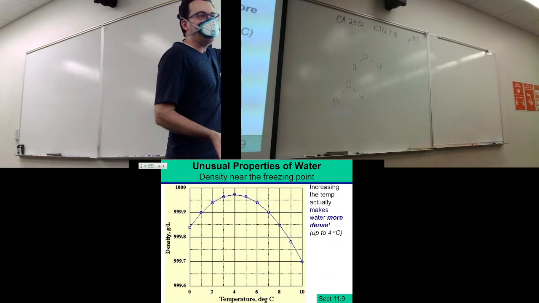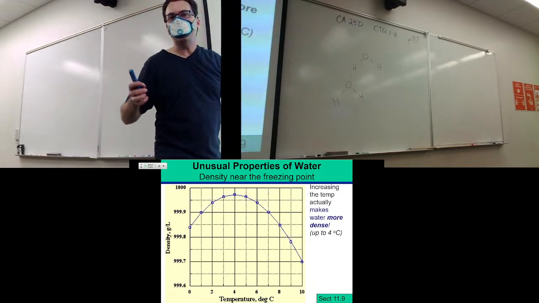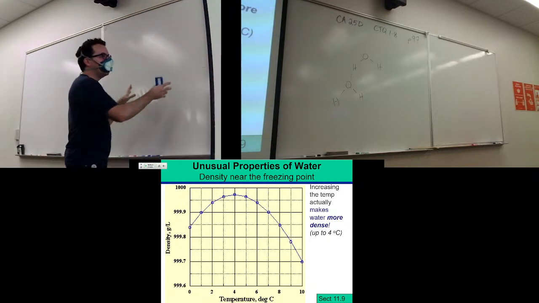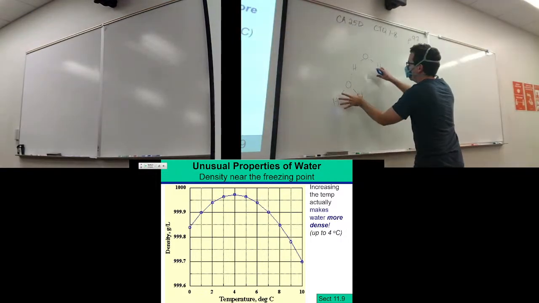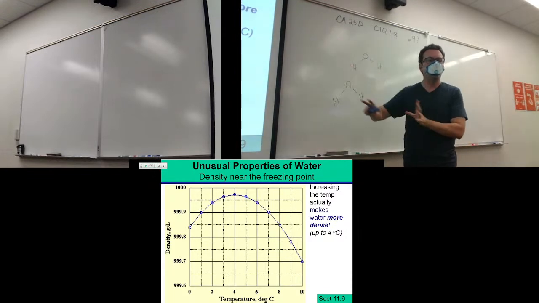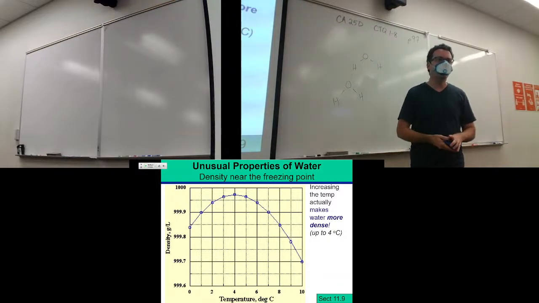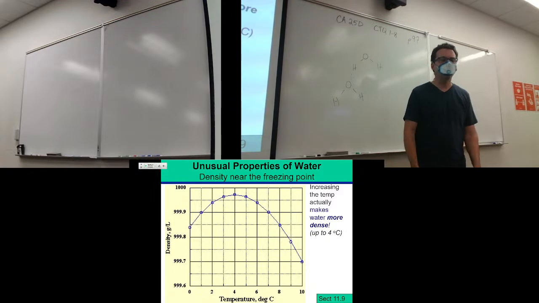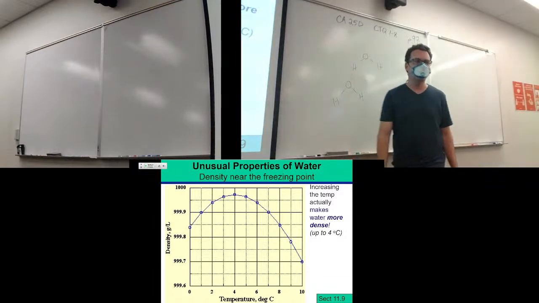As soon as it melts and you give it a little bit of energy, those water molecules that used to have all this separation between them can now move around and get closer together. So suddenly, for a little bit, they get more dense. Until you give them a lot of energy, and then they're too excited, moving around too quickly, and they'll be less dense again. But this is unique to water. Only water has this initial rise in density when you melt it.